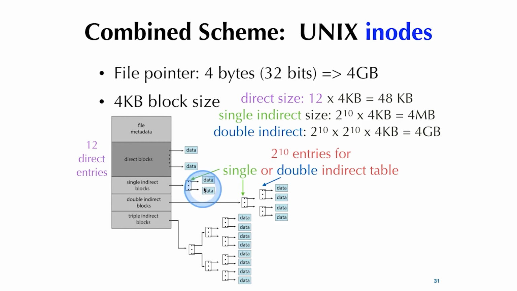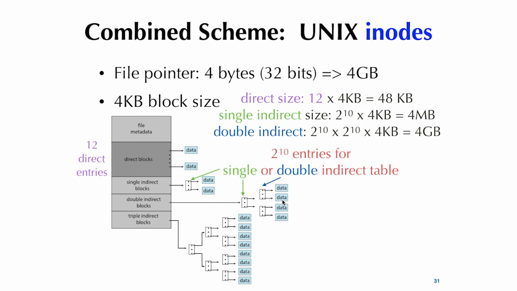Now, if 4 megabytes is not enough, then you can go into double indirect and even triple indirect. Double indirect means it goes to one index, but these index entries point to additional blocks, each one being an index, and then the actual data in the second level. Each one has 2 to the power of 10 entries, and each one is 4K.